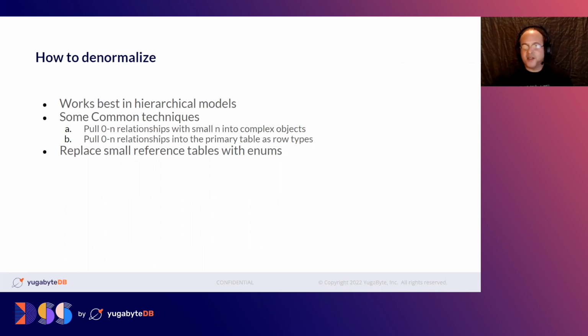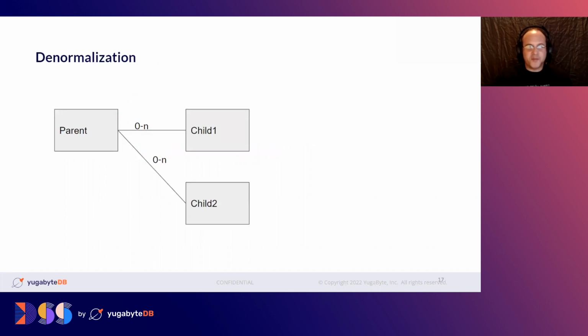So most denormalization techniques expect that there's a clear hierarchical child and parent relationship. The N by M cyclical relationships are harder to denormalize, but let's start with an example where I've got 0, 1, or 2 children for each parent, but it isn't an arbitrarily large number. It has a bound.